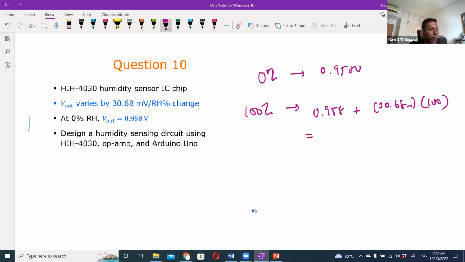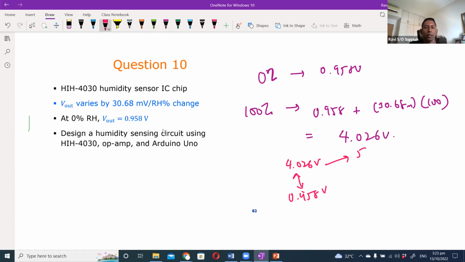That will give me a value of 4.026 volt. This is not so bad, because now my range is 0.958 all the way to 4.026 volt, so the range is actually quite good. But of course, if you want to expand it a bit more, you can try to make this go all the way to 5 volt.